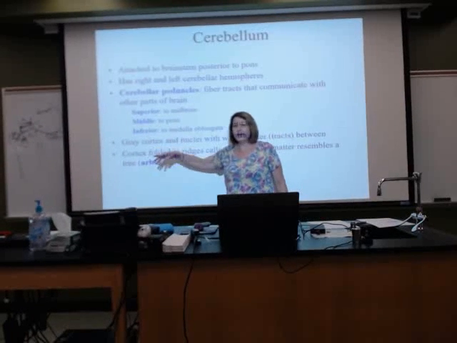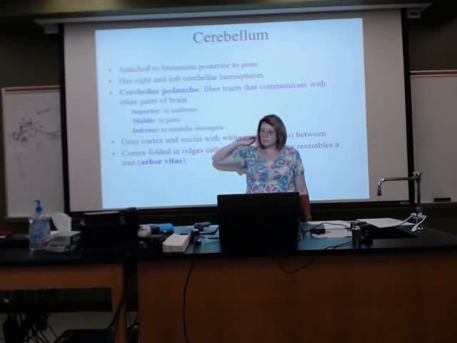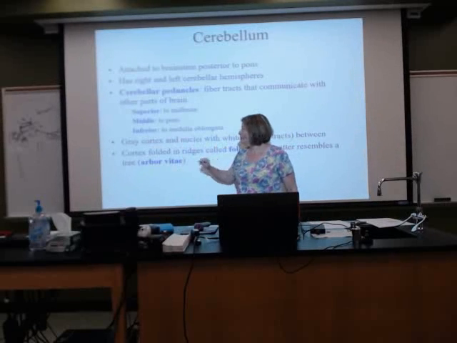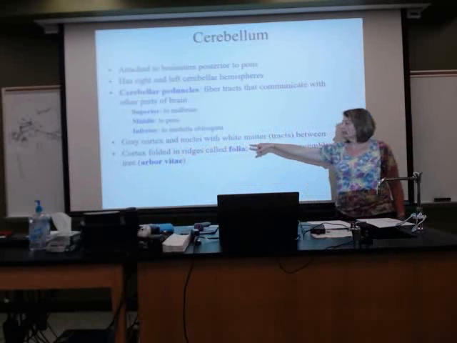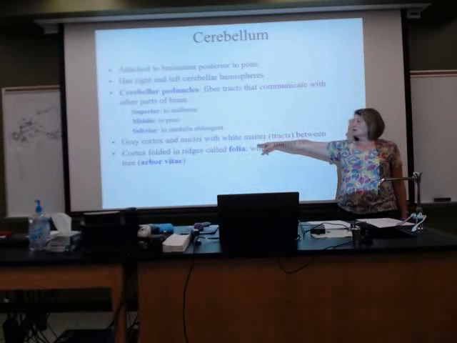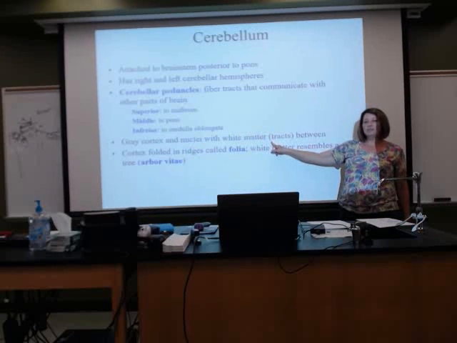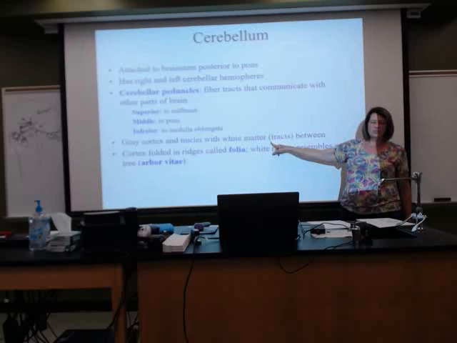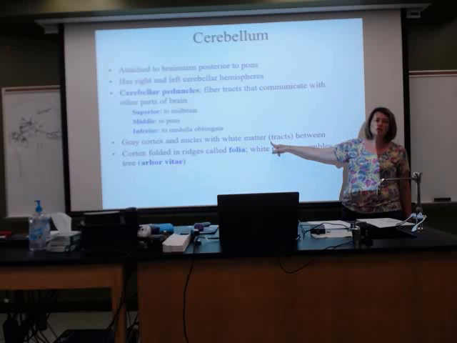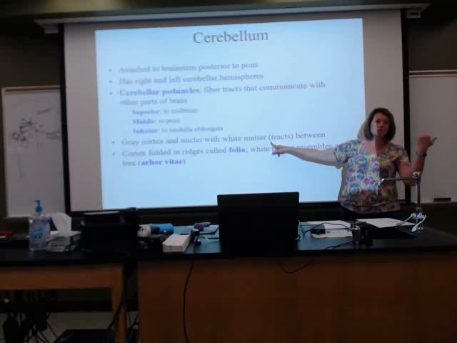The cortex, the outer portion of the cerebellum, is gray matter, with nuclei in the white matter, which seems kind of backwards, okay? But that's pretty much how it's been throughout this whole structure. The spinal cord was backwards from the cerebrum.